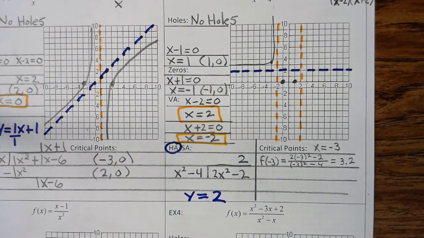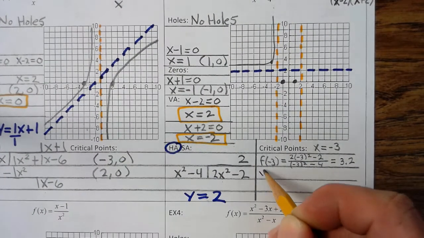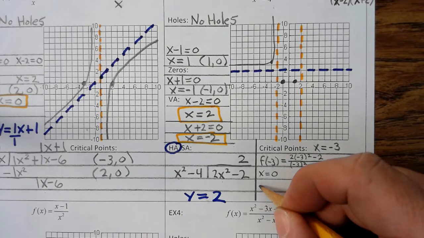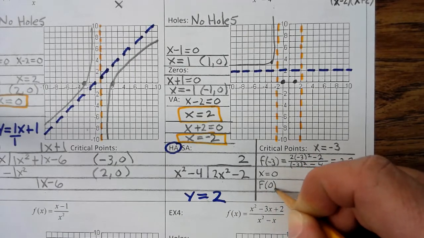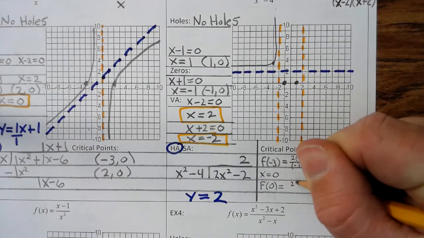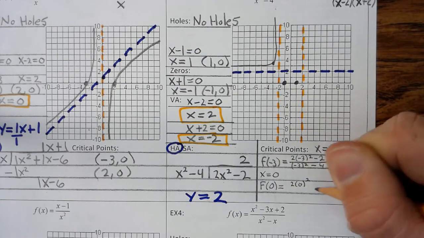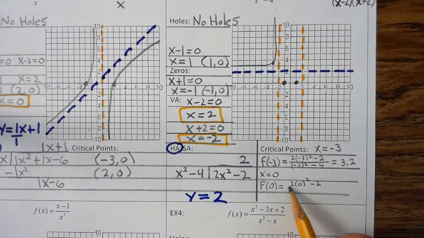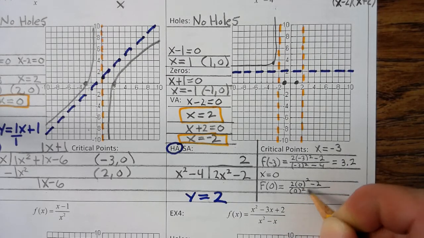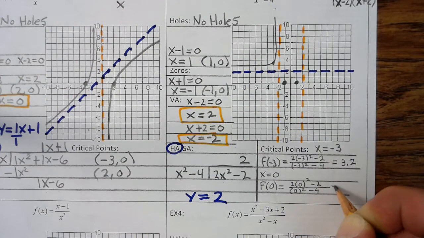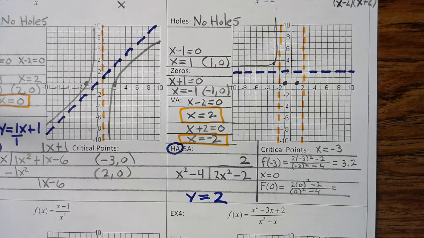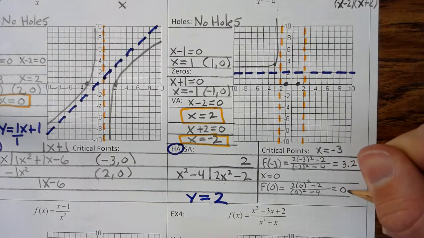Okay. So now we're going to do f of x at 0. So we have f of 0 equals 2 times 0 squared minus 2 divided by 0 squared minus 4, equals 0.5.